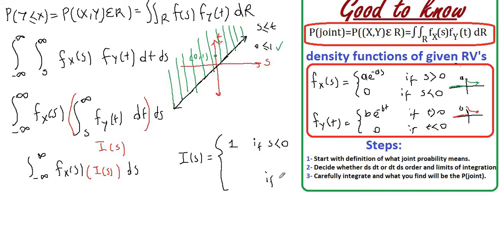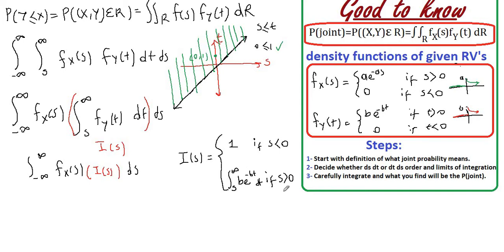If s is greater than 0, then our density function will be integral from s to infinity, as defined here, b e to the negative bt dt. So the integration of this area will be our density function if s is greater than 0.